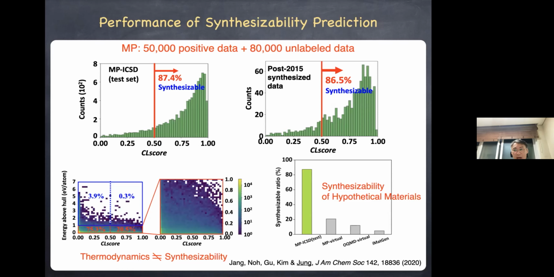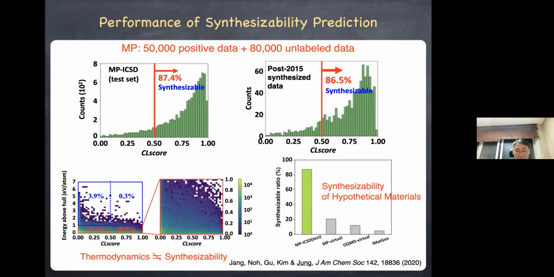To validate our model, we only used the synthesized data up to the year 2015, and then determined whether the model is able to predict the synthesizability of materials synthesized between 2016 and 2020. We again obtained about 86 to 87% accuracy.